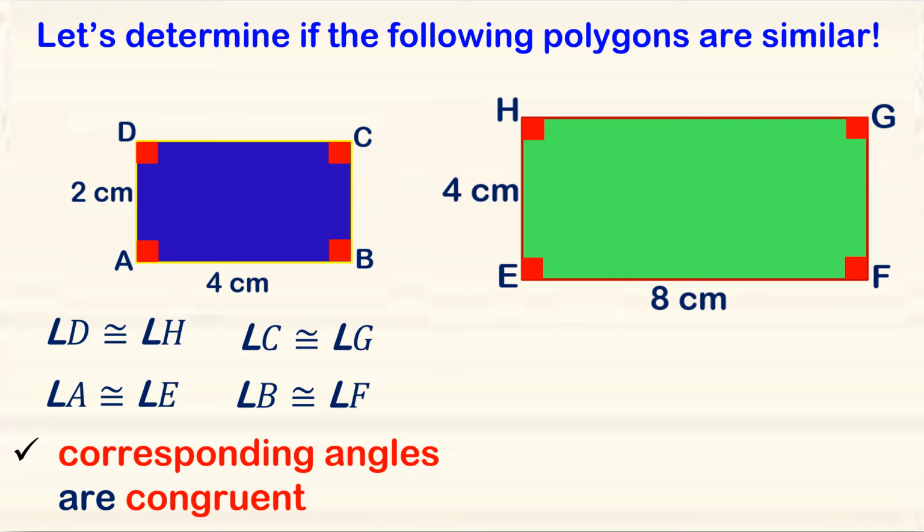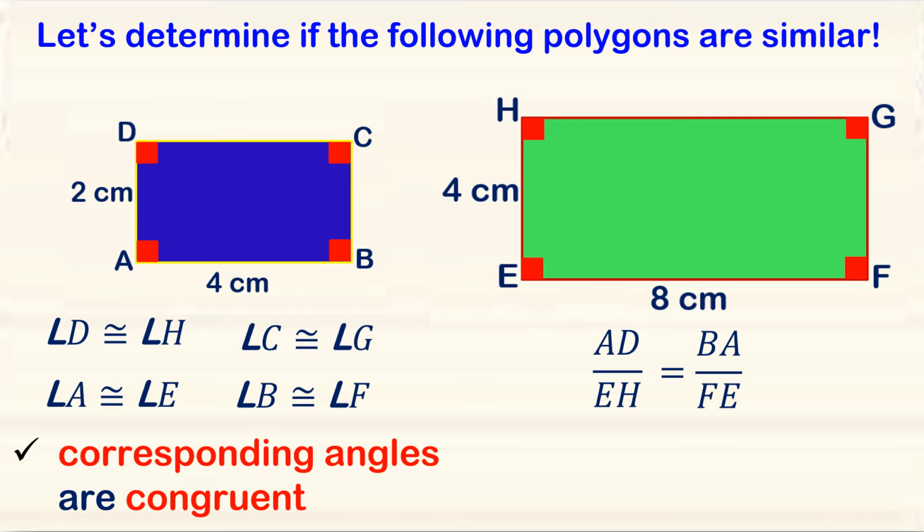Next, we are going to take a look if their corresponding sides are proportional. Here, we are just going to use two sets of sides, because we all know that the opposite sides of a rectangle are equal. So we have AD, which corresponds to EH, and then BA, which corresponds to EF.